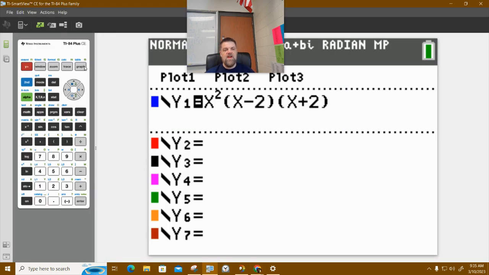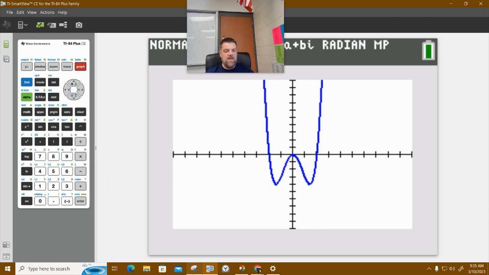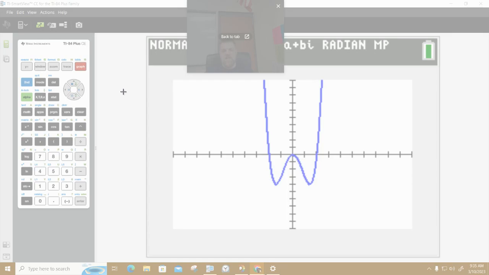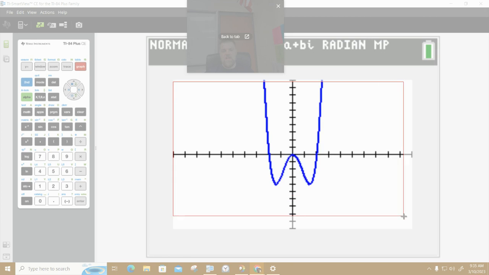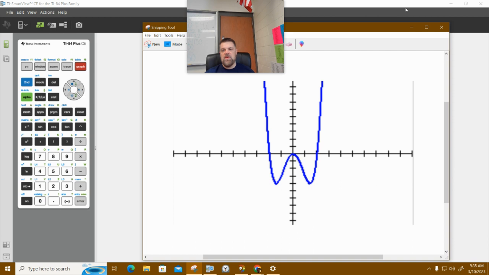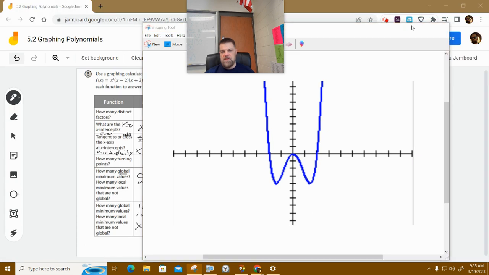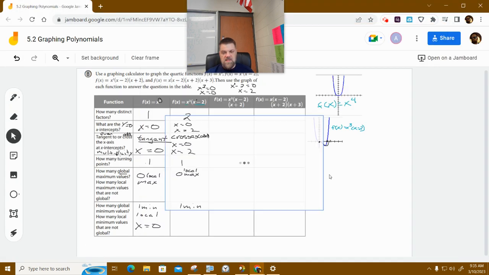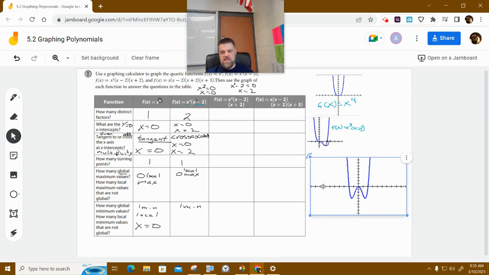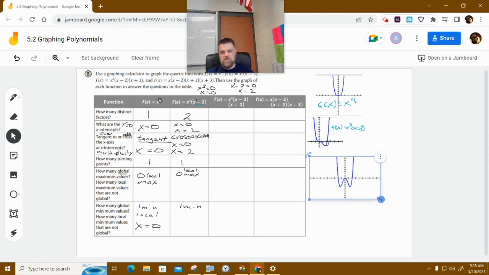So this is the graph for this. Let's take a picture of that. So now, remember I said whatever the degree of the polynomial is, that's the potential for the turning points, right? So let me just paste this in here, and then I'll zoom in and we'll write the function down so you guys can see the actual function.